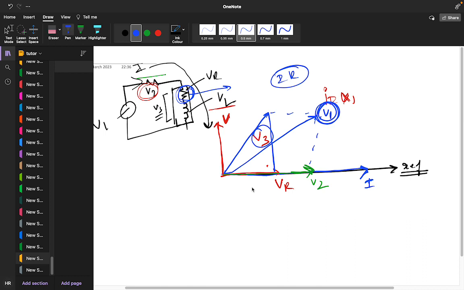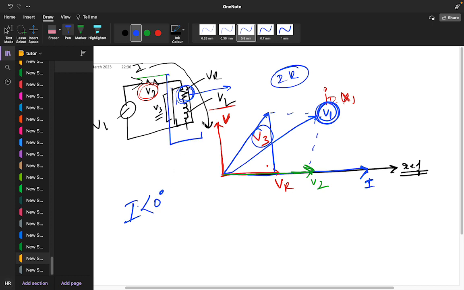Prasanna, is this clear? Yeah. Okay. And see here, phi angle is your power factor angle. So power factor angle means what? You have some current I at an angle 0 degree, and this is your voltage.